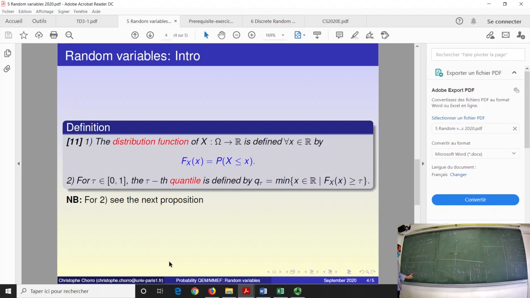That is the value that separates the distribution into two parts, the ones that are less than 1/2 and the ones that are greater than 1/2, so that the probability to be less is 1/2 and the probability to be greater is 1/2. But focus more on the distribution function today, because for the second one I will come back to this point in the slides concerning the statistical part of the course.